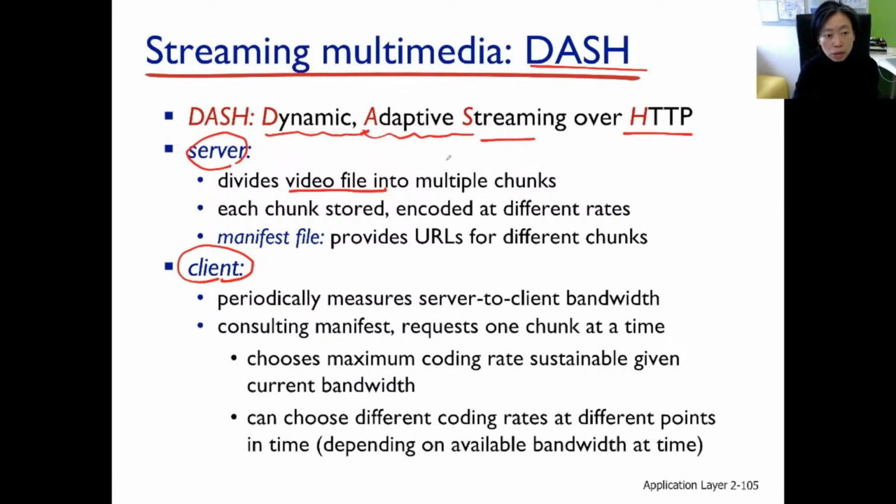So what the server does first is divide the video files into shorter segments. Here we call them video chunks, a little bit like in P2P, where BitTorrent cuts big files into chunks. And each chunk is stored and encoded at different rates.